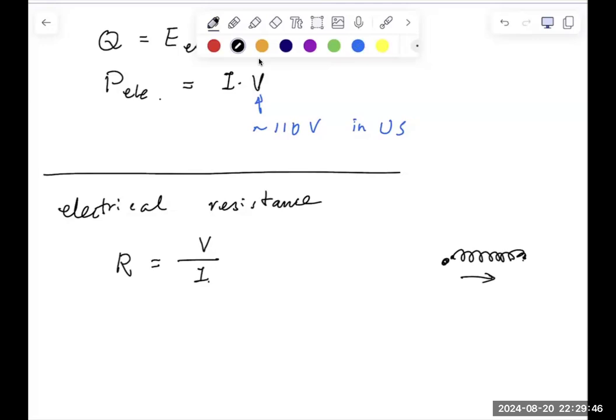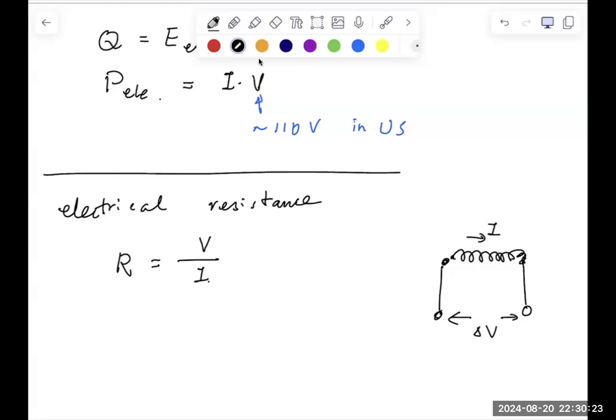Then in order to do that, you have to apply a voltage. And only after you apply this voltage, you will get some current. Of course, the higher the voltage you apply, the stronger the driving force is for the electrons to flow, then the higher the current. And that ratio is the R.